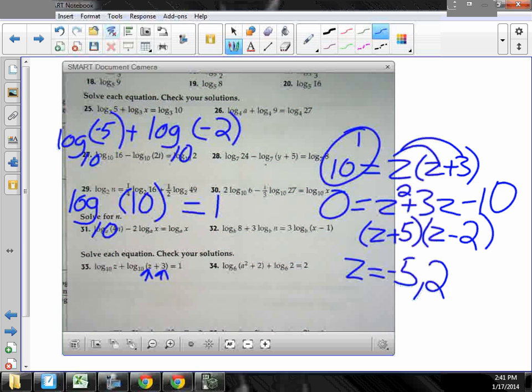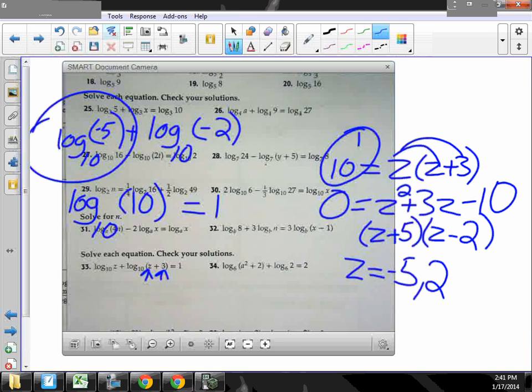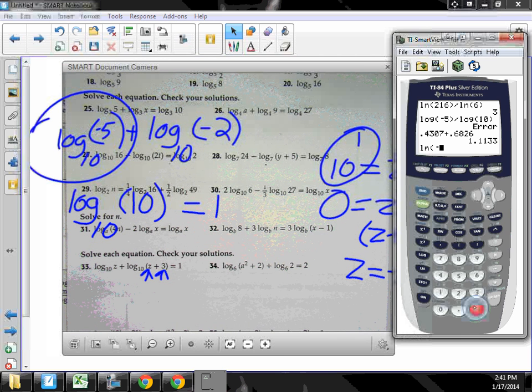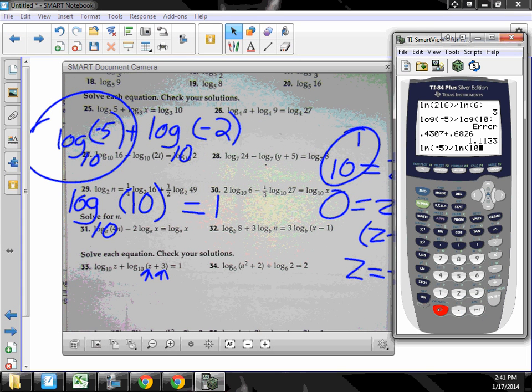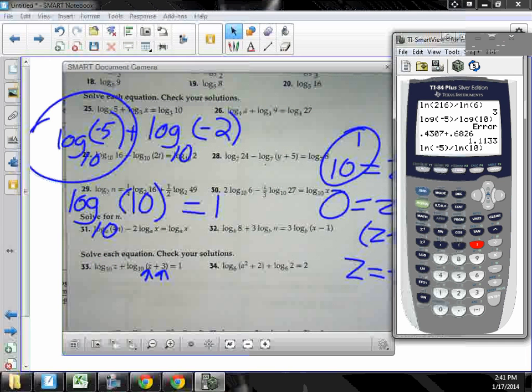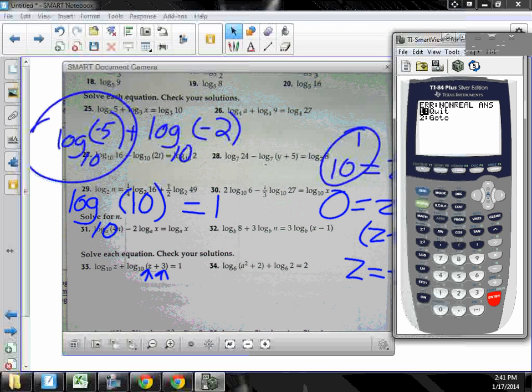There's something we haven't talked about yet. I want you to plug log base 10 of -5 into your calculator. So ln -5 divided by the ln of 10. Or I guess you could have just done log of -5, right? Error.